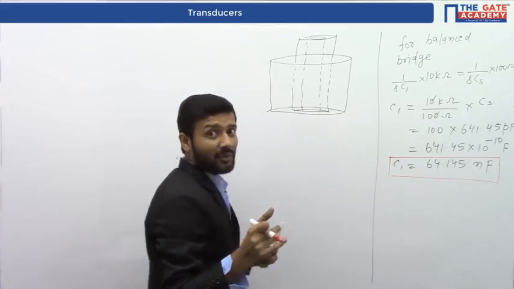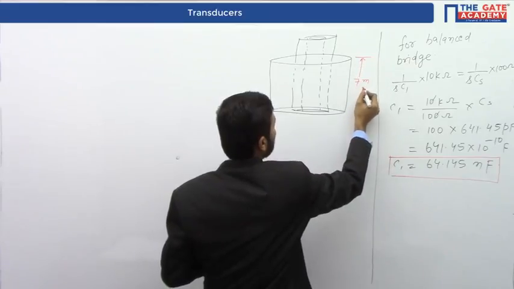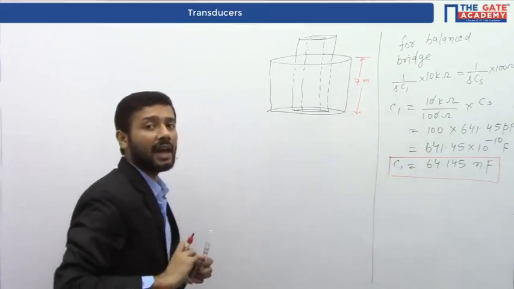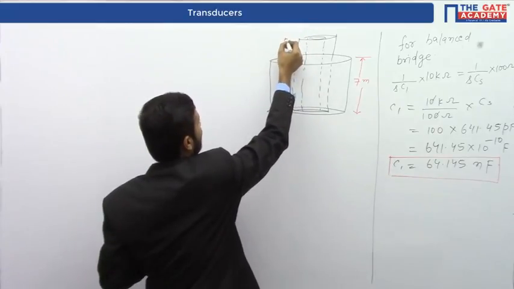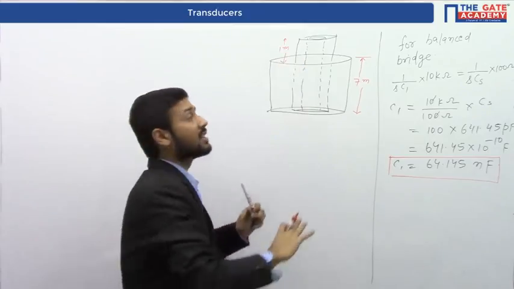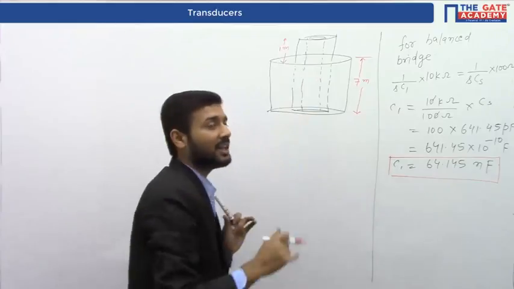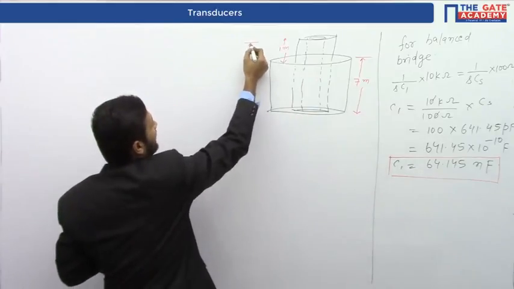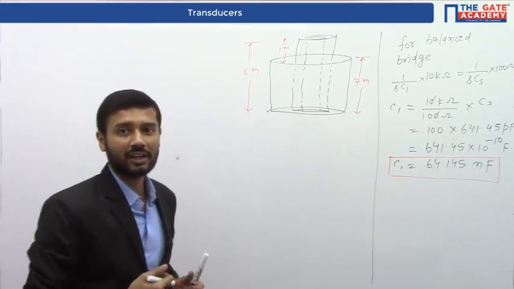The height of liquid when it is full is 7 meter, already given in the question. And the remaining height of the level measurement transducer is 1 meter, because the total length of the capacitive transducer is 8 meter.